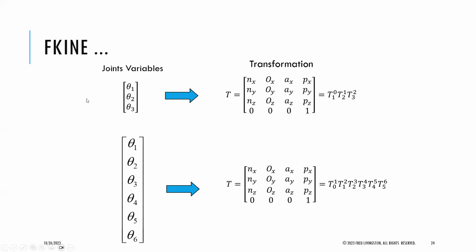So a 6 degree of freedom robot gives a 4x4 matrix with the rotation and location, and the 3 degree of freedom robot gives the same thing. We're going to compute this today and show you how to come up with the forward kinematics matrix to represent that. It's a chain of transformations from the base all the way to the end effector. That's how you compute this 4x4 matrix.